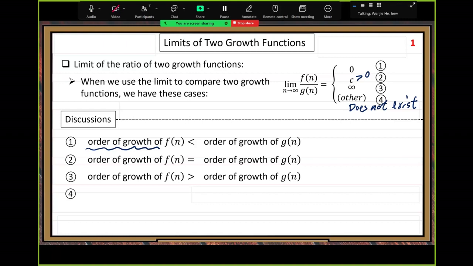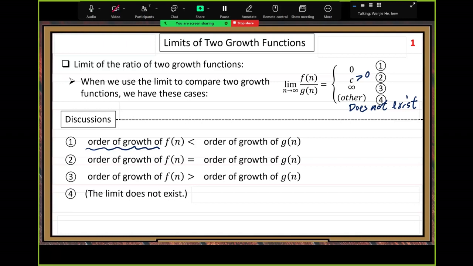But case number 4, we don't know how to say anything about order of growth. Case number 4, the limit does not exist. So we don't know what to do. The limit does not exist, so that means we cannot get any information from the ratio.